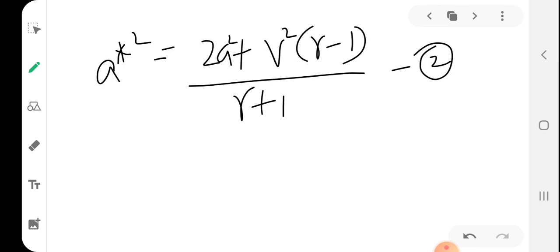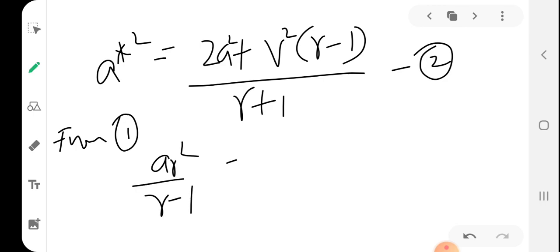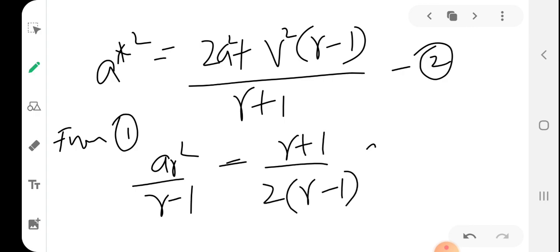From equation 1, you can also write a0 square by gamma minus 1 equal to gamma plus 1 by 2 gamma minus 1 a star square. If you want to write a star square in terms of a0 square, what do you have to do?